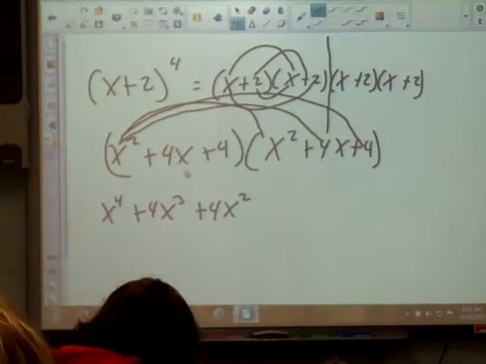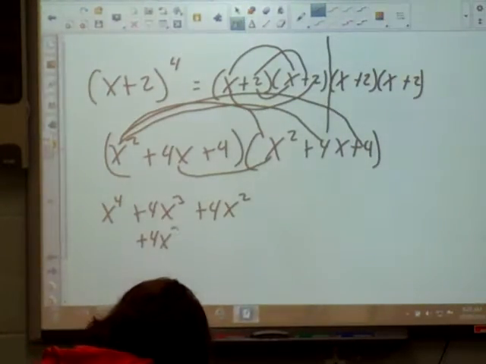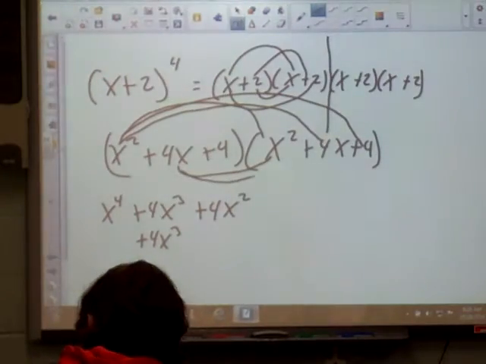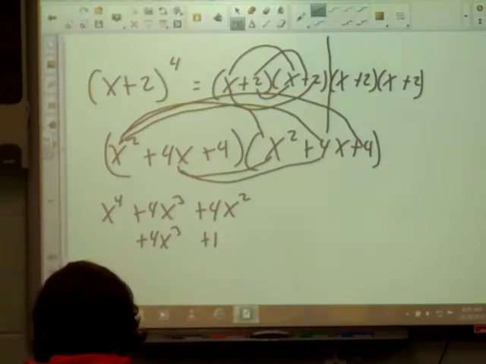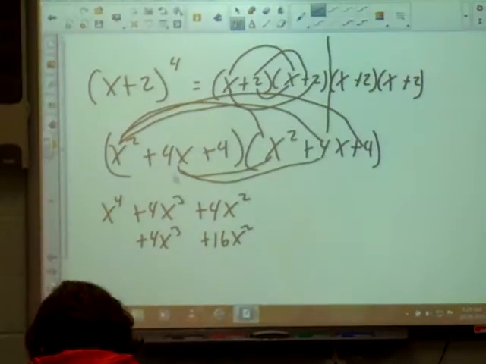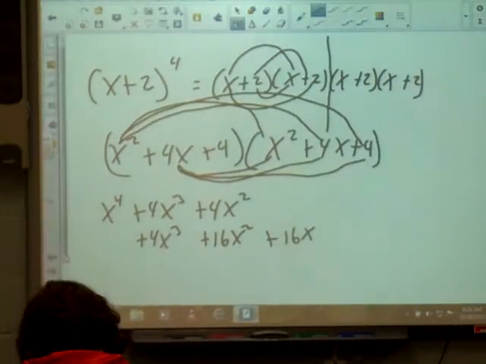Now I'm taking the 4x. 4x times x squared, 4x cubed, 4x times 4x, 16 is what you said, x squared, 4x times 4, 16x.